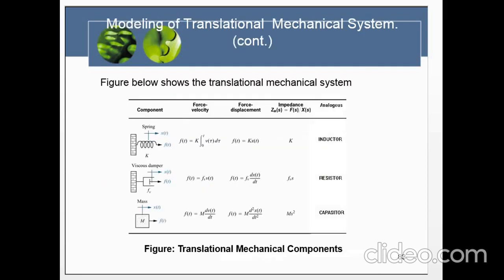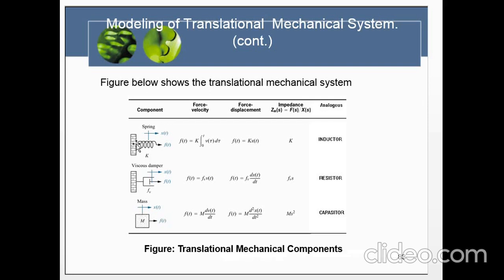Okay, there are three components in a mechanical motion system.